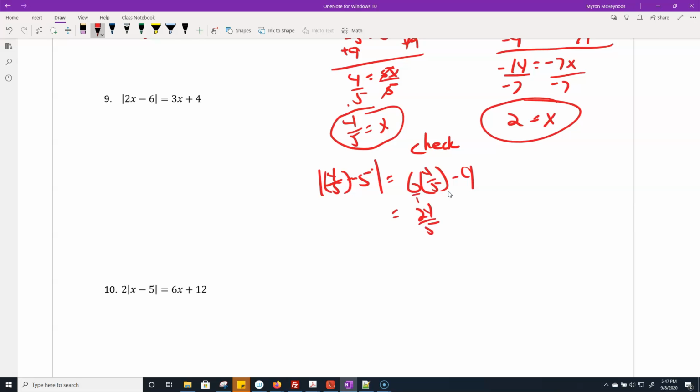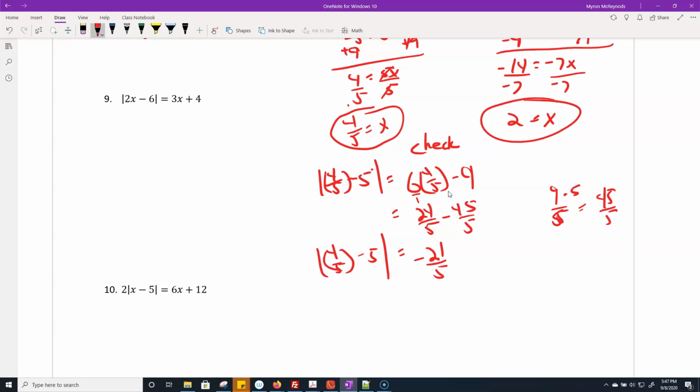Think of it as 6 over 1, 24 over 5 minus 9. And if we needed a denominator of 5, how would I do that? I'd have 9 and then a 5 on the bottom and a 5 on the top, right? And I'd get 45 over 5. So 24 over 5 minus 45 over 5. And that is negative 21 over 5 is equal to the absolute value of 4/5 minus 5.